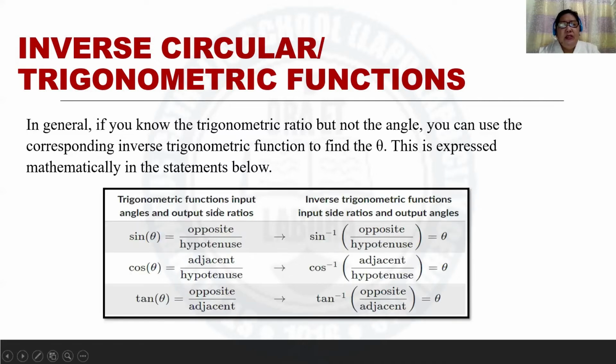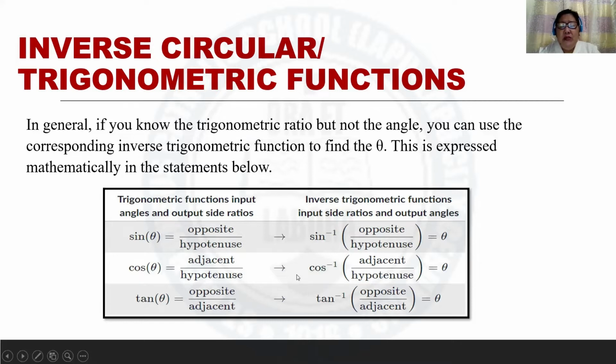For trigonometric functions, the inputs are angles and the outputs are side ratios. So we have sine theta is equal to the opposite side over the hypotenuse. For cosine theta, we have the adjacent side over the hypotenuse. And tangent is equal to the opposite side over the adjacent side.